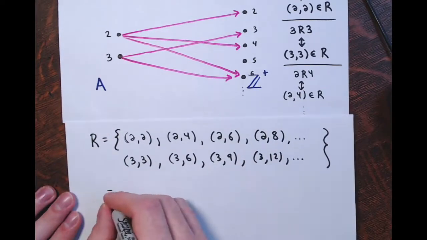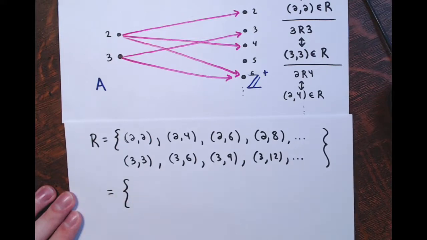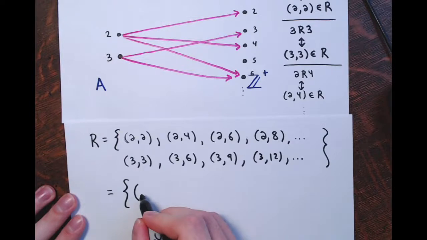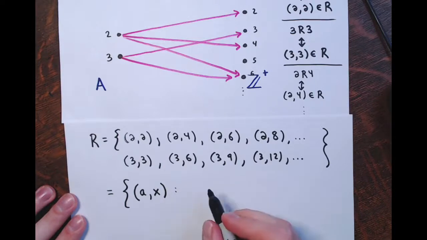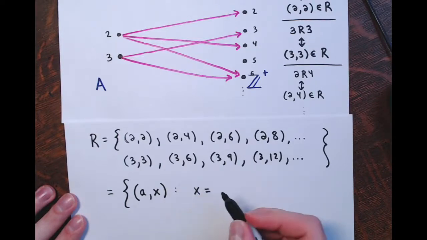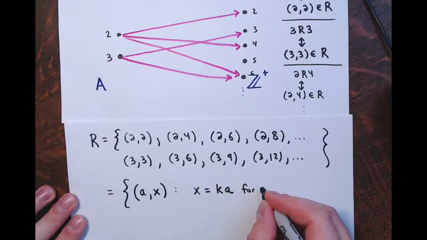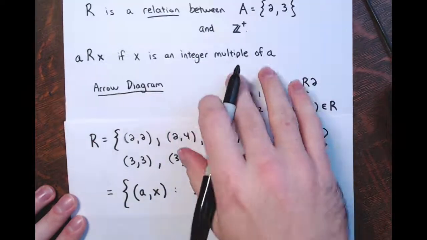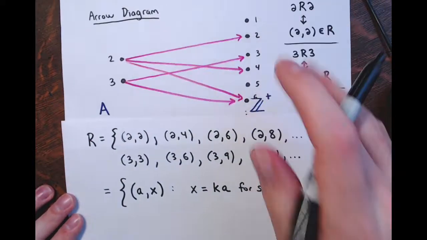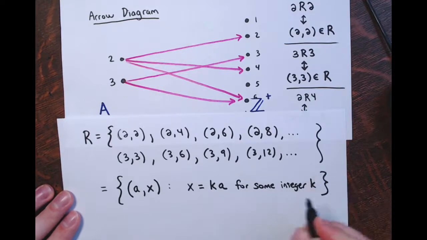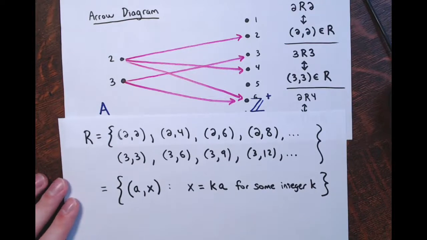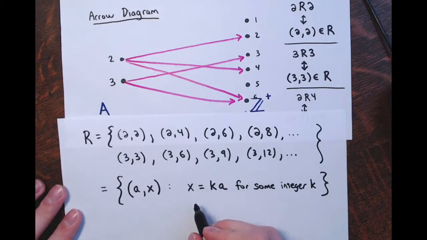I could also write it in set builder notation. Maybe this is all the ordered pairs (a, x) such that x equals k times a for some integer k, because that's what's being explained to us up there. x is an integer multiple of a, for some integer k. So there would be a way to describe this same set in set builder notation.